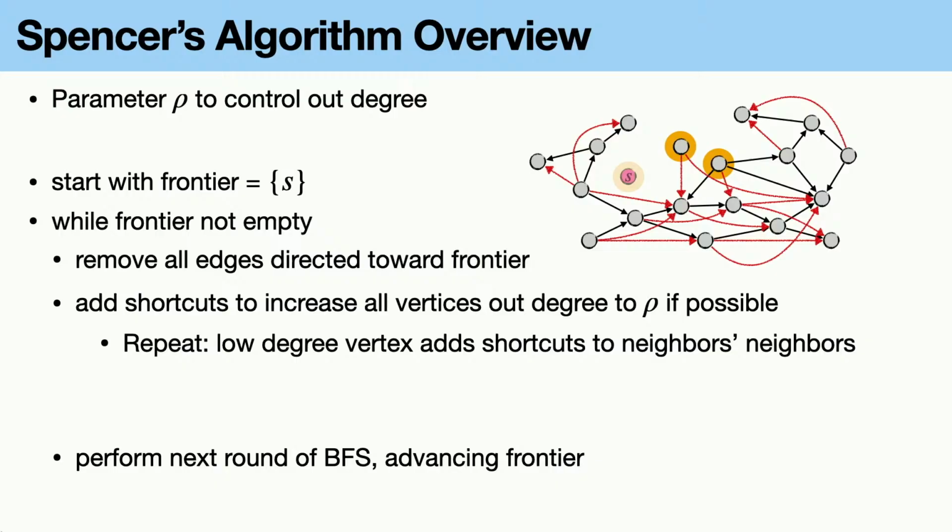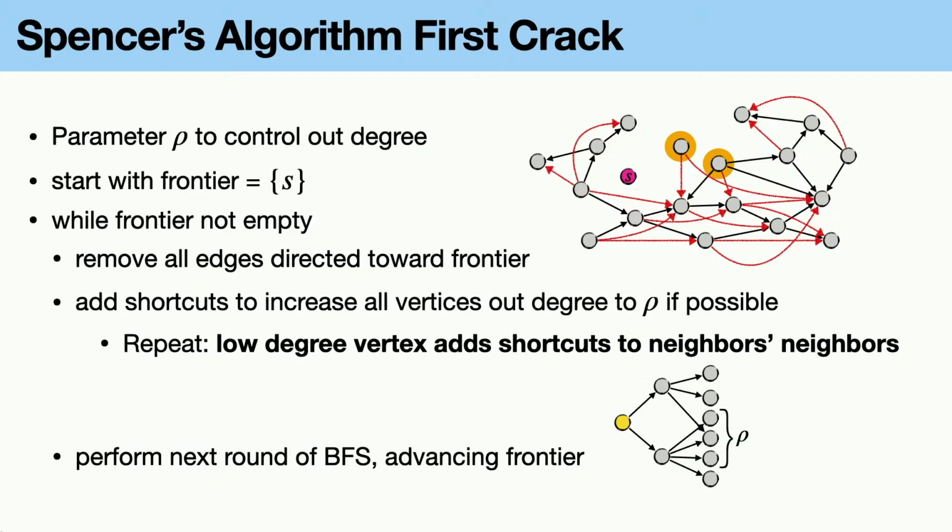So let me give a little more detail for a first crack at this algorithm. What do I mean by low degree vertices adding shortcuts to their neighbors' neighbors? We want this to be kind of efficient. So if I have a vertex over here, it has fewer than rho neighbors because it's low degree. And it has a bunch of vertices in its 2-hop neighborhood. You might be able to reach some of them in multiple ways.